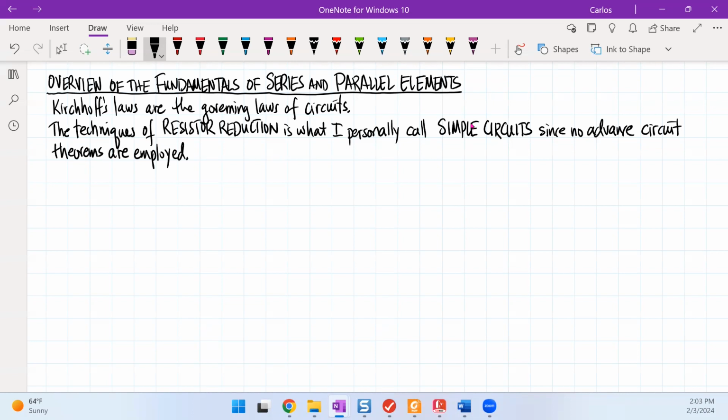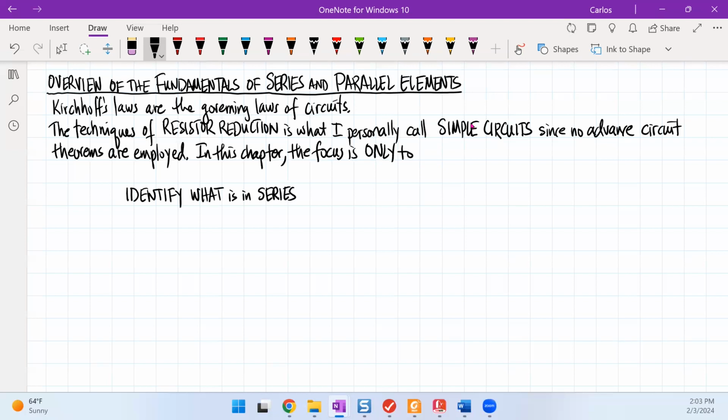So in this chapter, the focus is only to identify what is in series, parallel, and then apply resistor reduction.